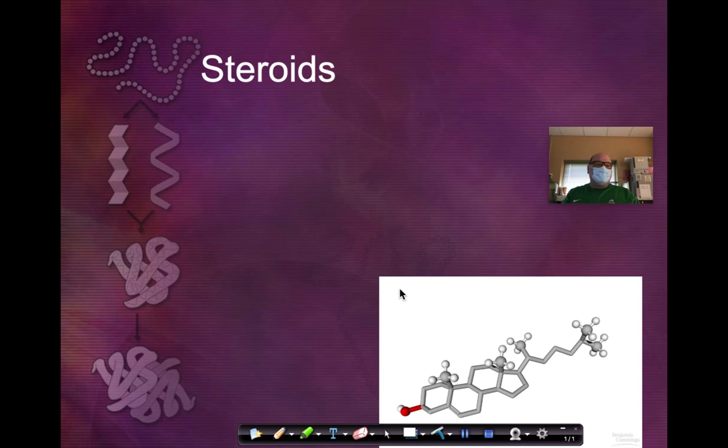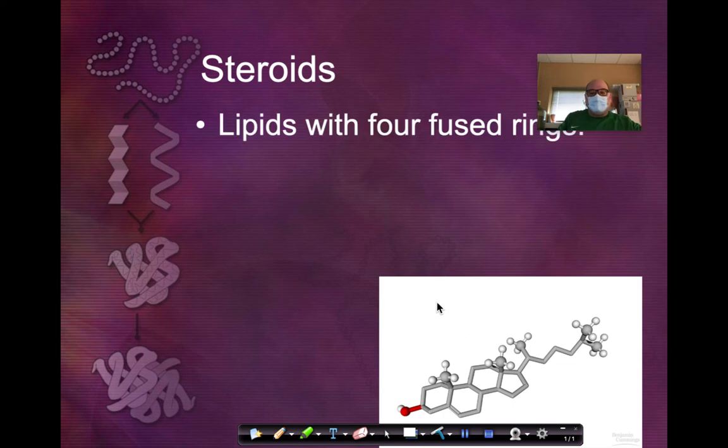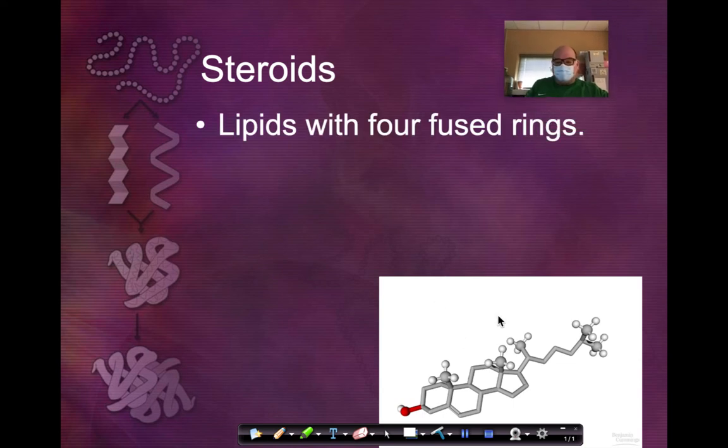All right, another kind of lipid is steroids, and these are the steroids you're probably thinking about as far as in human biology. Things like testosterone and estrogen. These are lipids with 4 fused rings. So look down here. 1, 2, 3, 4. So count off those 4 circles right there, and they all should be touching each other. And the only difference between testosterone and estrogen is one little tiny change out on the end.